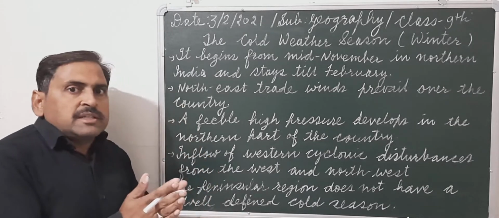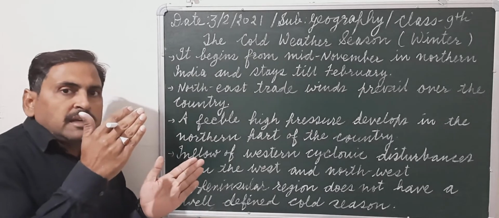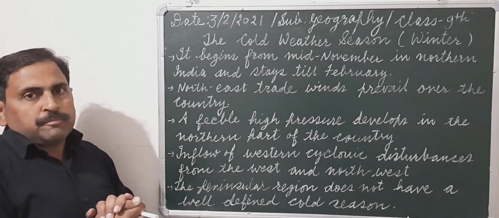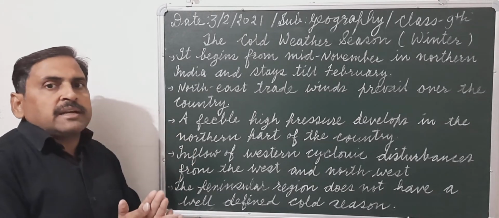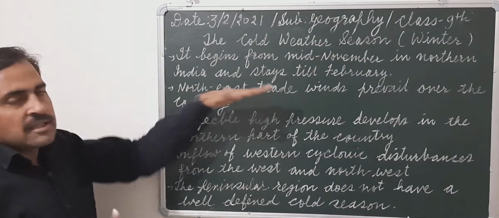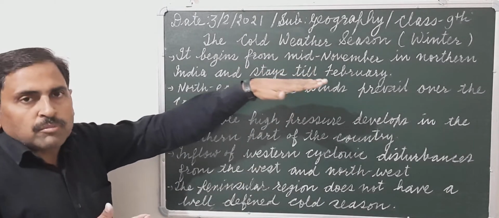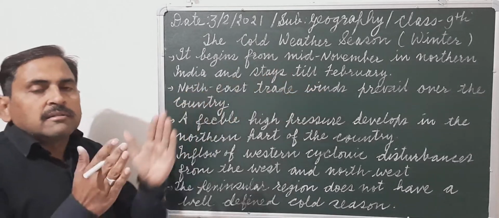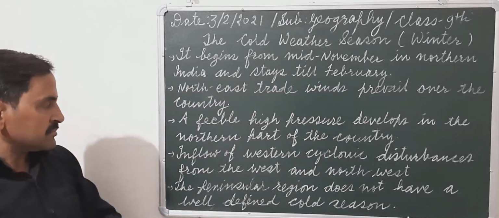As these winds blow from sea to land near Tamil Nadu, that's why Tamil Nadu is the only state which receives rainfall due to these winds. Otherwise, most part of the country remains dry during this season.